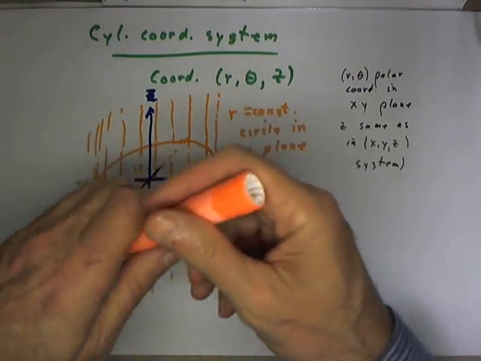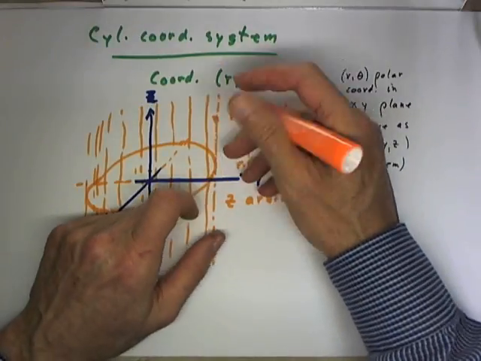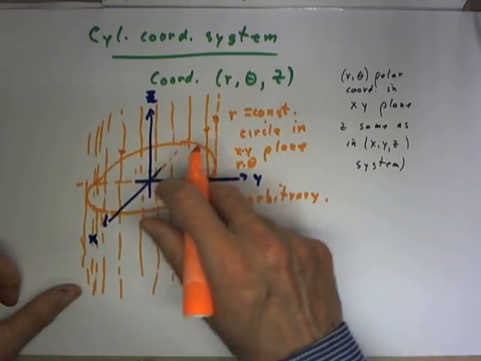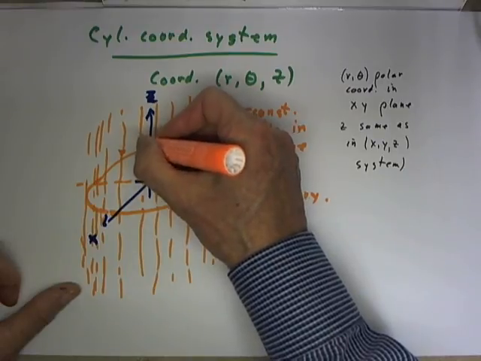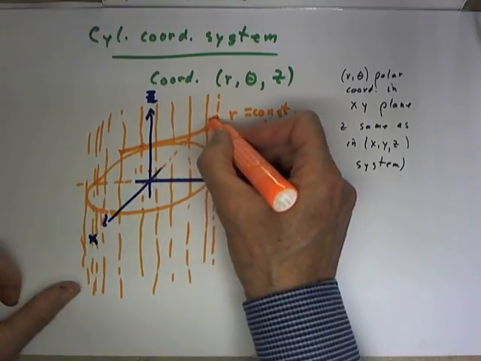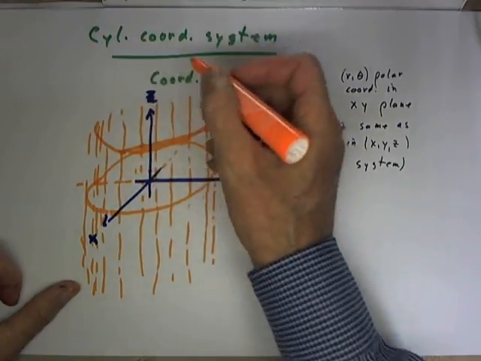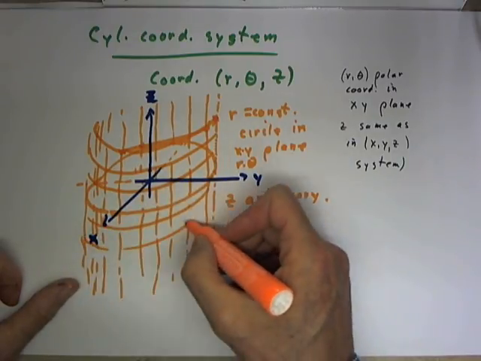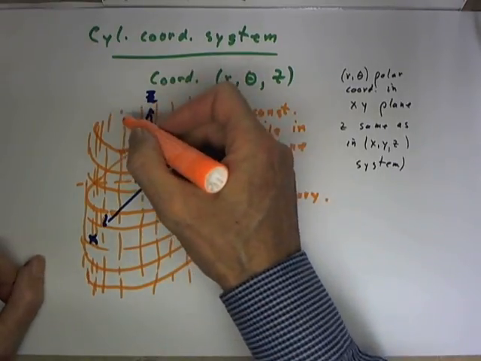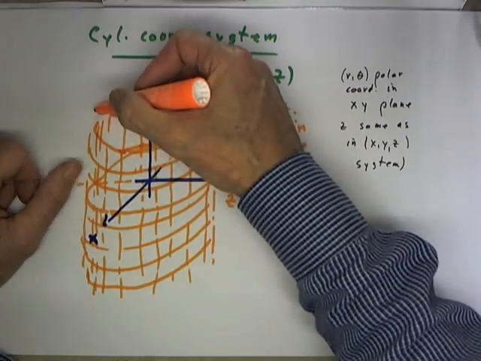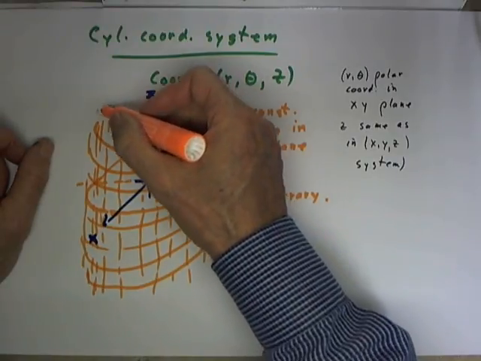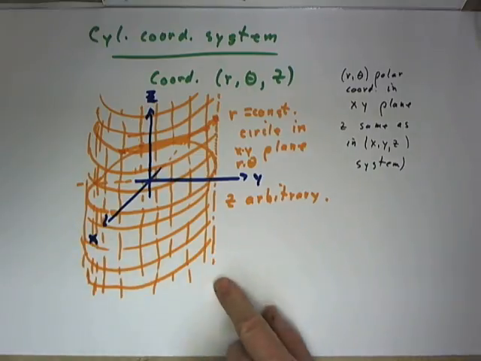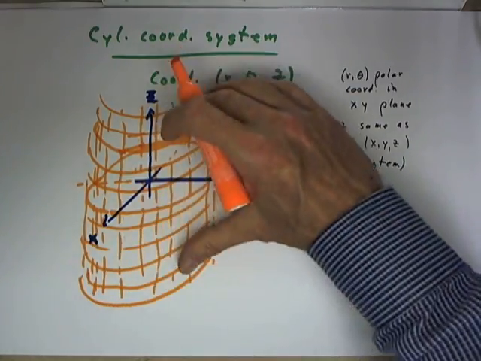If we move up some fixed distance from here and fix that distance for every point of this circle, we're going to get something that simply mimics this circle, and we're going to get that at every level, so that we can sketch these contour lines having pretty much the same shape as these, and these are going to continue on up as far as we want to go, giving us a reasonable depiction of this infinite cylinder.